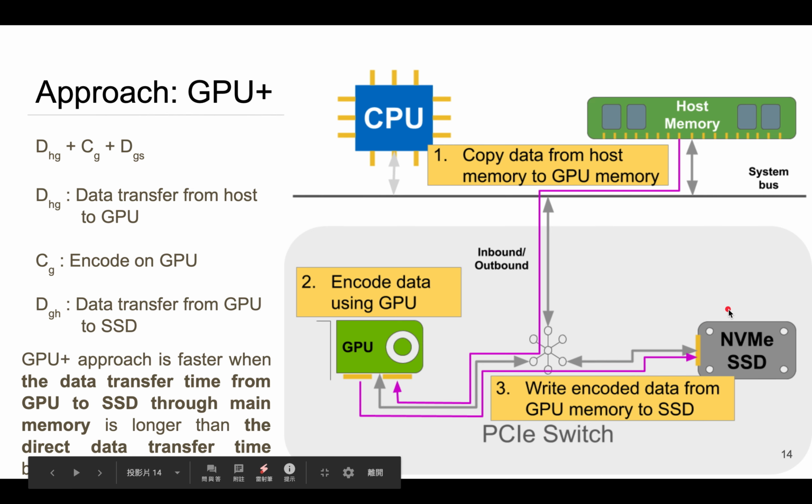To solve this problem, we need to integrate these two libraries. First, we allocate GPU memory in the user program. And for the coding library, we pass in the GPU pointer we just allocated in the user program.